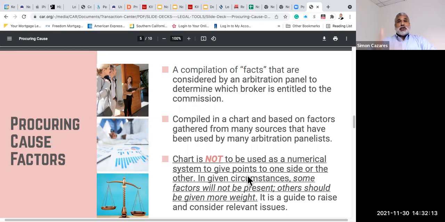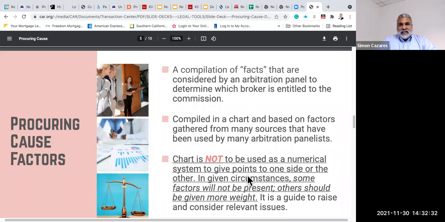Remember, you're like an attorney going in there representing yourself. Usually your broker or manager should be with you as support, because they're also entitled to some type of compensation if you're the winning party, okay?